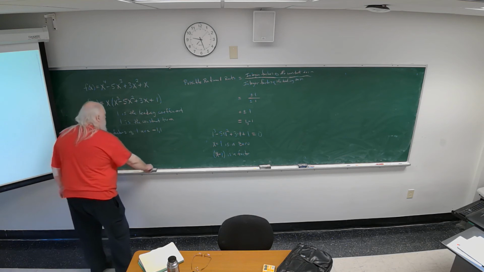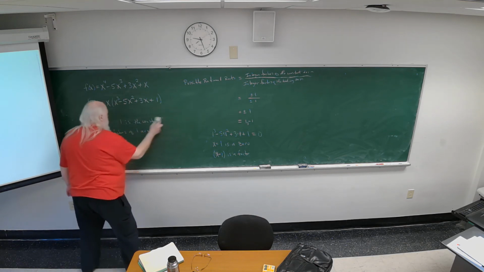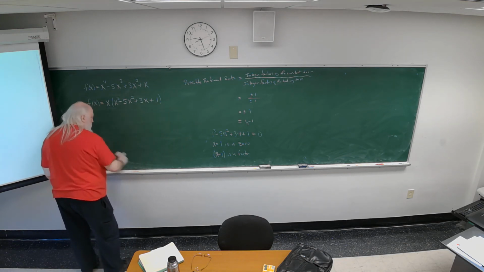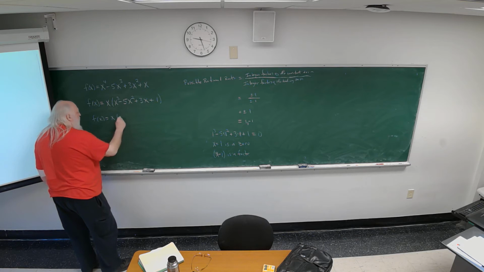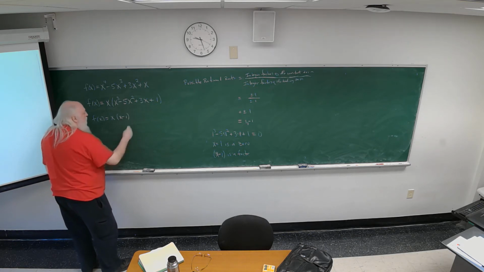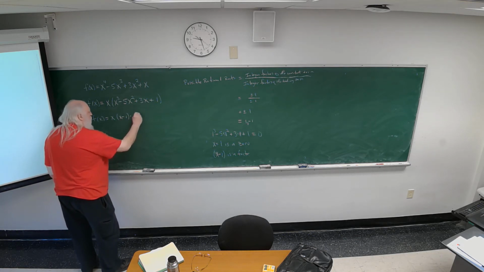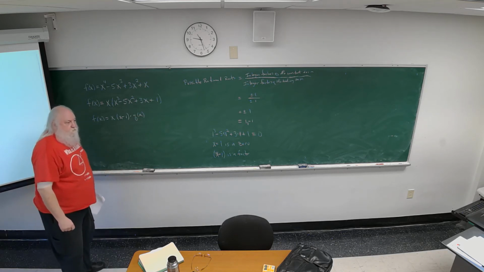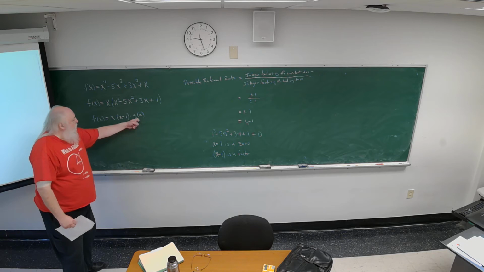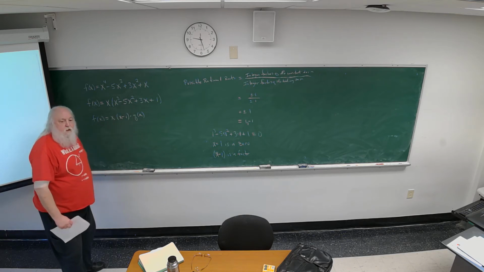So our third degree polynomial can be written as x minus 1 times some unknown quadratic. X minus 1 times the quadratic gives you a third degree polynomial.